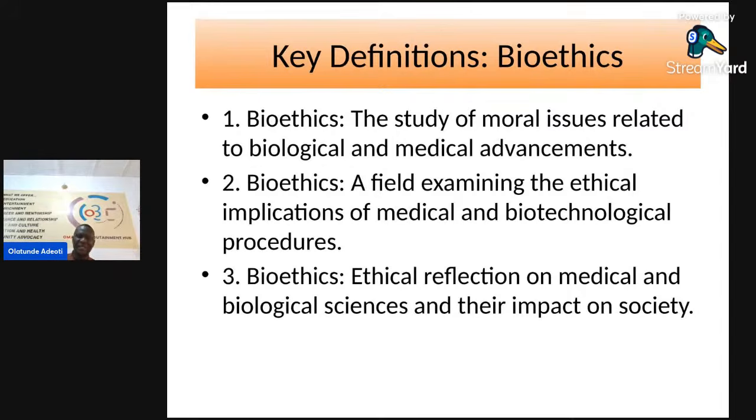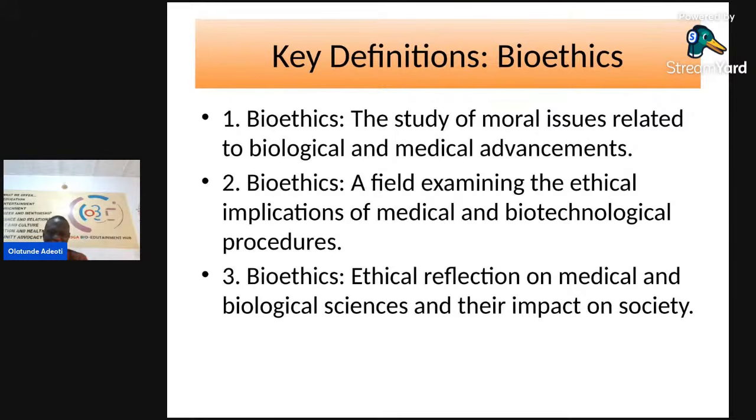So what we are saying in essence is that because it is bioethics, it has to be centered on biological and medical advancement. So what are those moral issues? Number one, as a biologist, somebody claiming to study life, you have to study life. Not only study it, you also have to respect it.